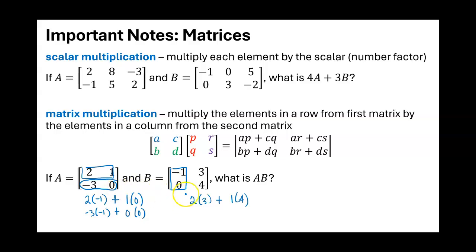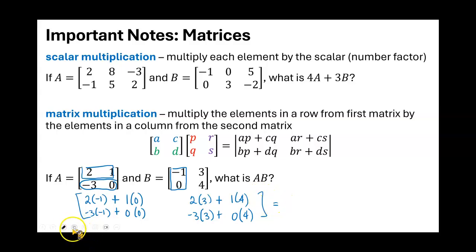And then the next column is negative 3 times the second column 3, plus 0 times 4. And so if you simplify all of this, this is actually the matrix.